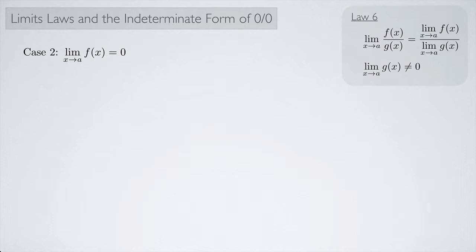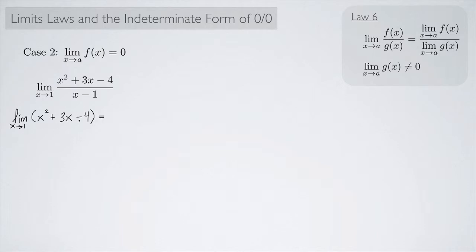So now, when we have this fraction here, both the numerator and the denominator equal 0. An example of this might be the limit as x approaches 1 of x squared plus 3x minus 4 divided by x minus 1. If we look at the top, the limit as x approaches 1 of x squared plus 3x minus 4, this is just a simple polynomial.